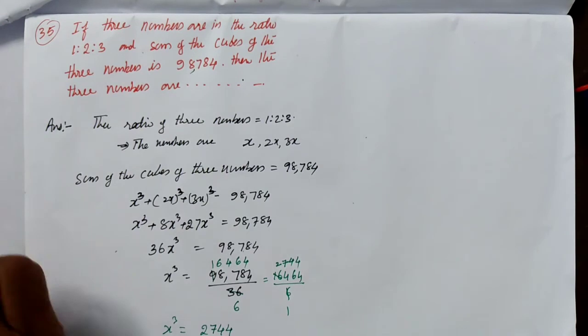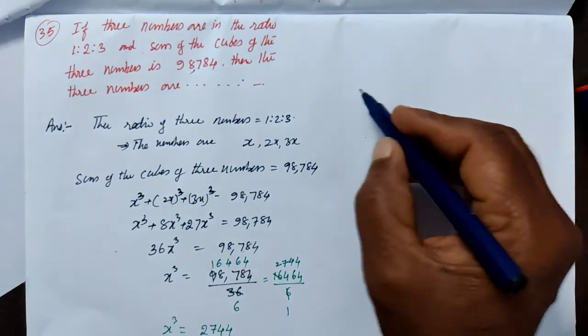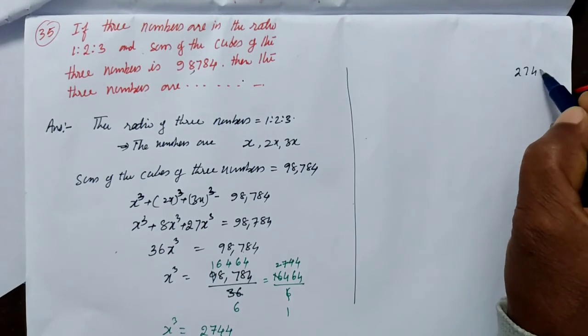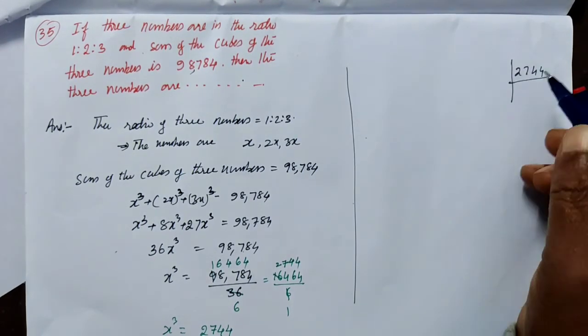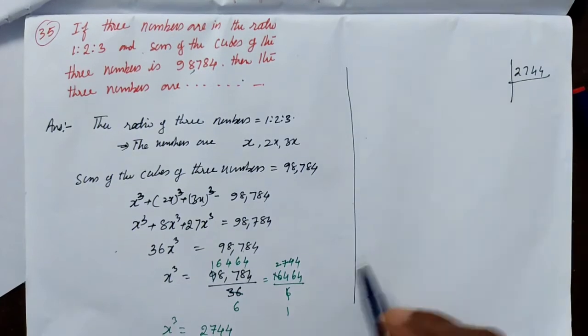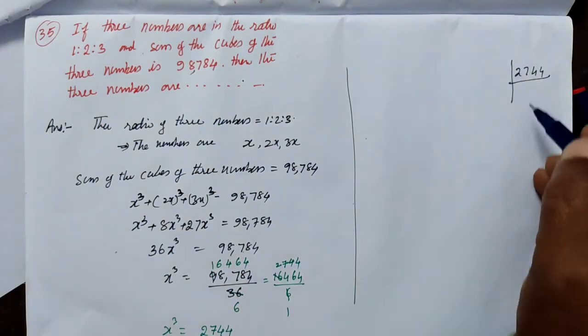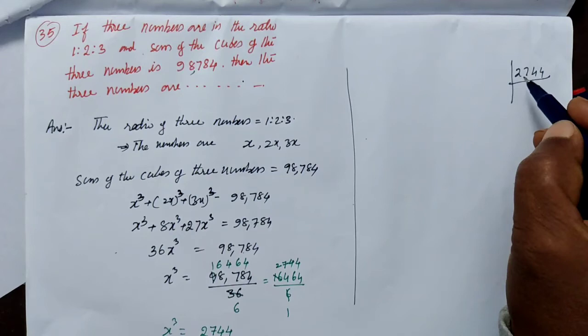2,744. Now prime factorize 2,744 to find the cube root, since x cube is equal to this number.